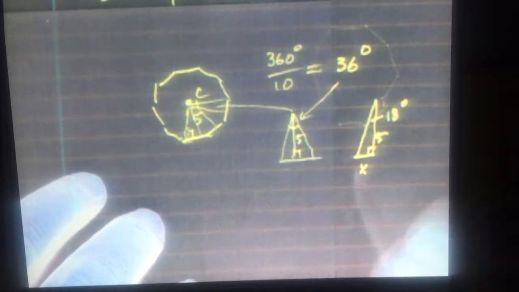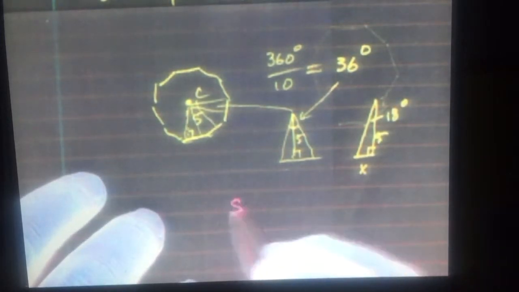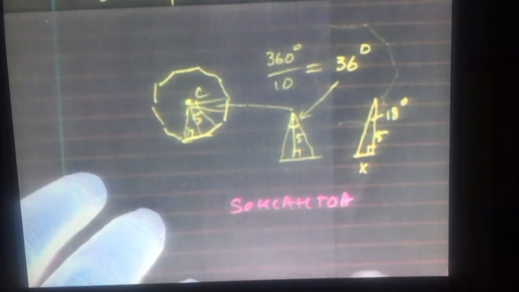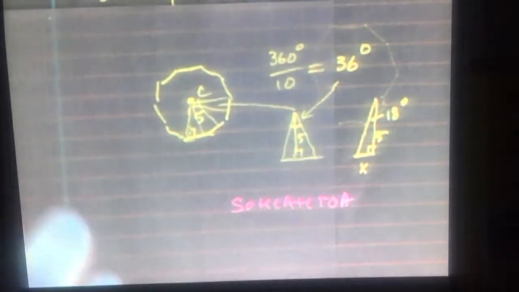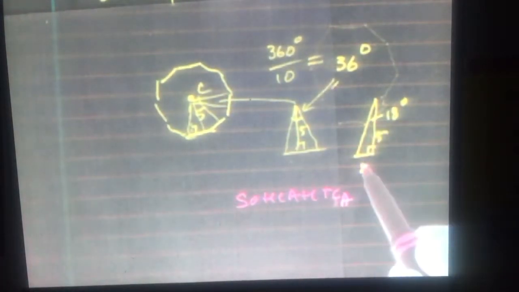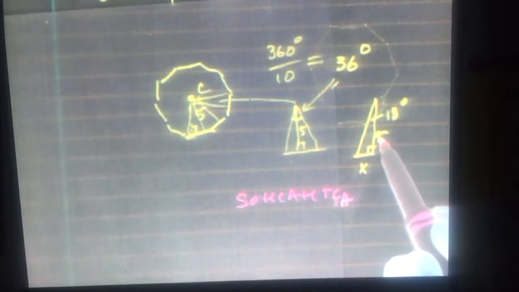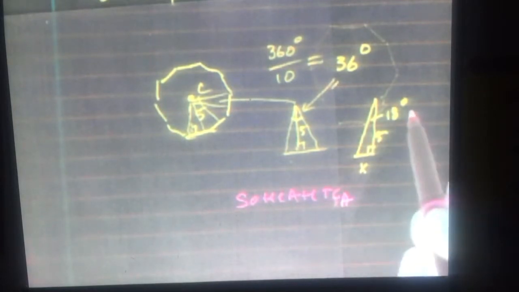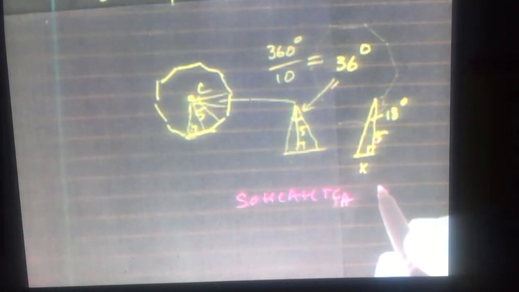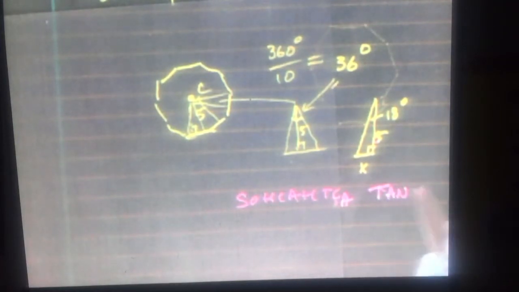Now, we use our SOHCAHTOA, remember SOHCAHTOA, to solve this. It was easier before when we used our 30, 60, 90 degrees, but with SOHCAHTOA, we know that we have the opposite over the adjacent, right? We have the height, which is 5. Opposite over adjacent would be tan. So we've got tan of 18 degrees equals opposite over adjacent.